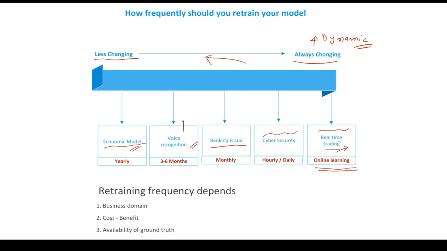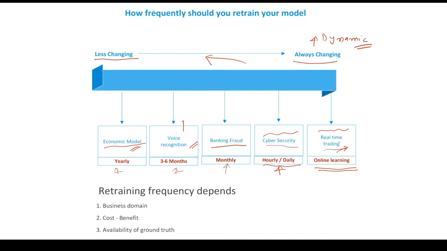For cyber security, we can decide that it could be either hourly or daily. For banking fraud, it could be monthly. Voice recognition could be three to six months. An economic model could be yearly.